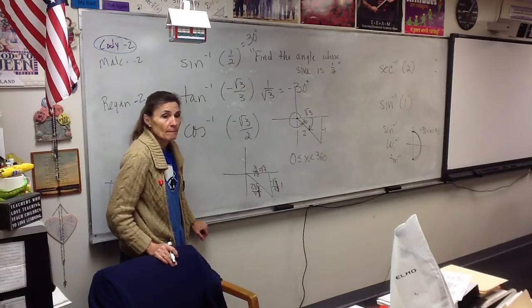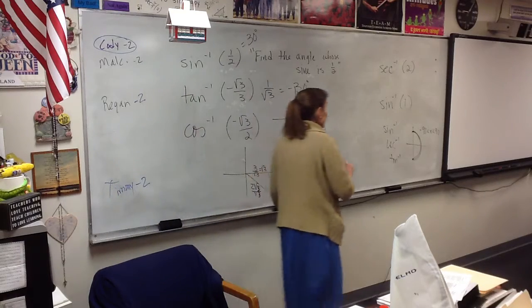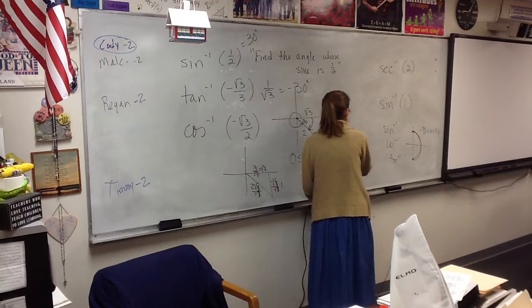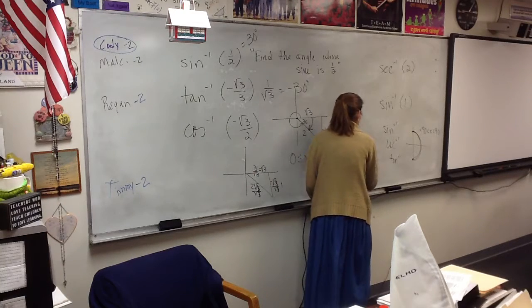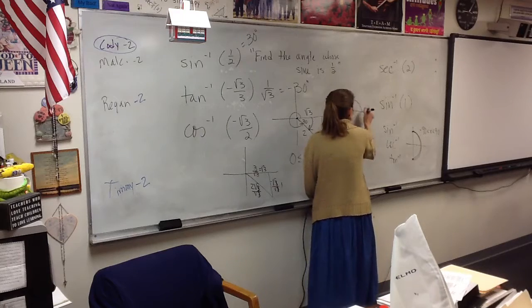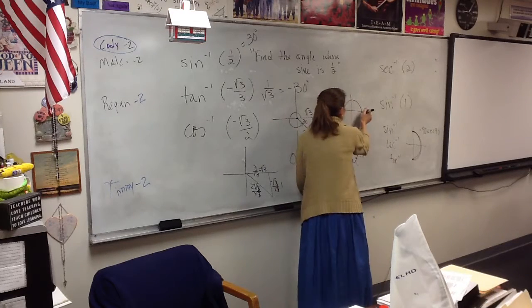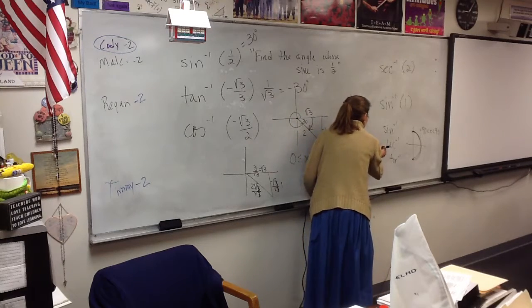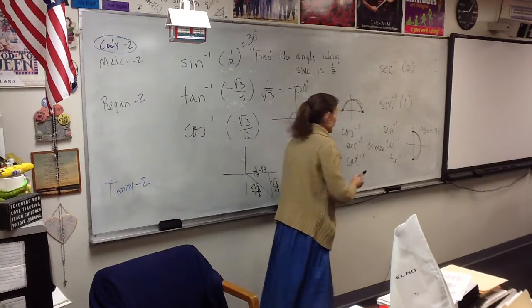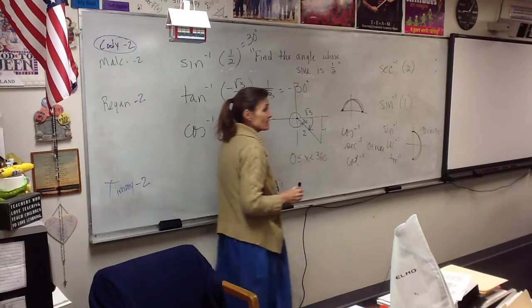What about the other one? The top one? It's cosine. Okay, if it's one of the other functions, so that would be cosine, secant, and cotangent, those are top half functions, so all of those answers will be between 0 and 180.